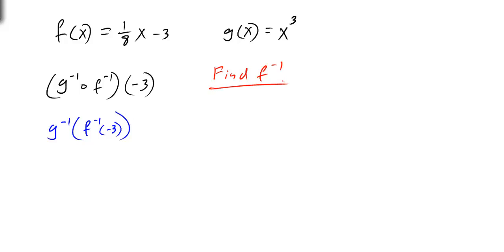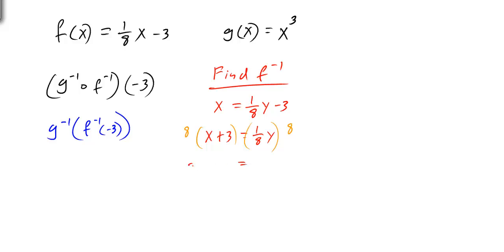So if we're going to find the inverse of f, then that means here we're going to replace f of x, which is our y, so that's going to become x equals 1/8 y minus 3, and then we have to solve the equation for y. So I'm going to add 3 over, so we get x plus 3 equals 1/8 y, and then we're going to multiply both sides of the equation by 8, so that we can cancel out the 1/8.